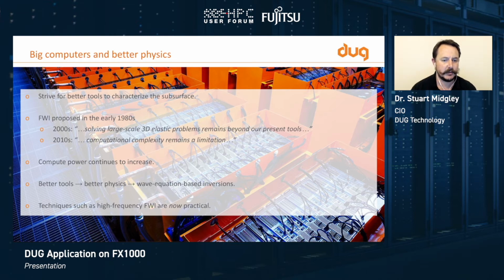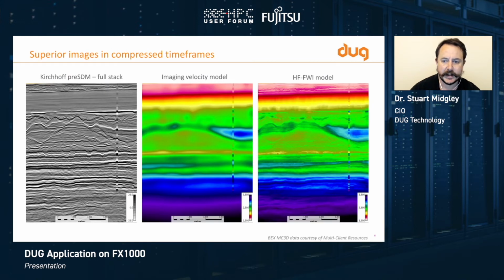So even though we've gone 30 years, we were still limited by the amount of compute that we could get access to. But thankfully, compute power continues to increase, and today, we're able to run many of these complex algorithms. So better tools, better physics: we can now do these wave equation-based inversions and other algorithms, which are incredibly compute intensive.